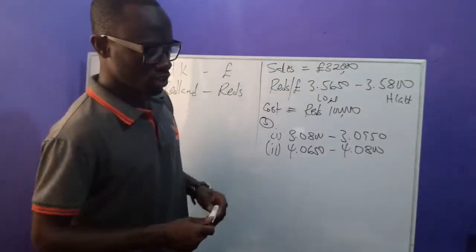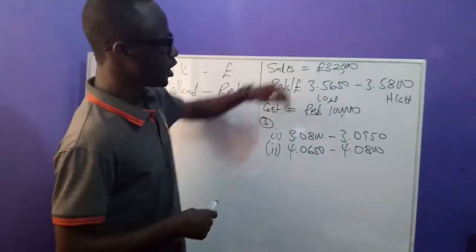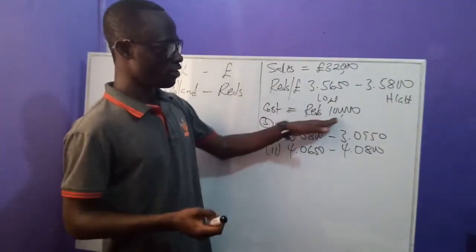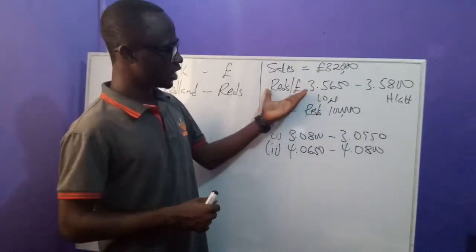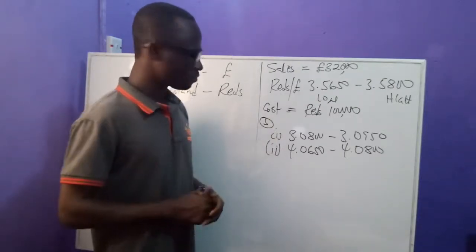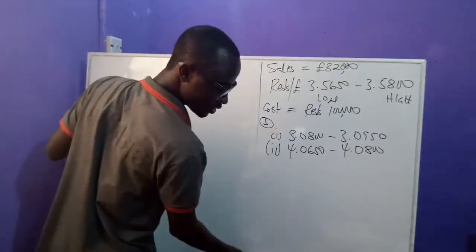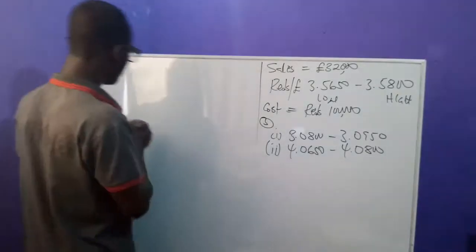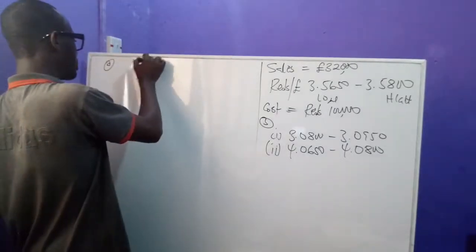The A aspect of the question is, what is the expected profit on the resale? What does that mean? If we should buy goods for 100,000 reds and sell it at 32,000 pounds, and then the exchange rate is this, what will be the profit on the resale? So what is going to happen here? It's like we are preparing a profit statement extract. So A, profit or loss on resale.